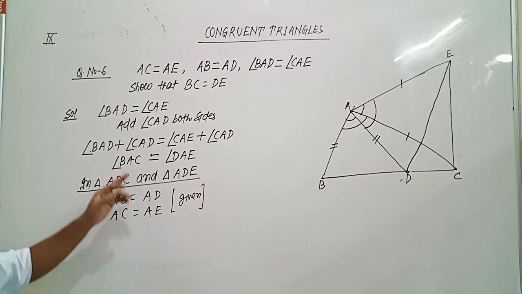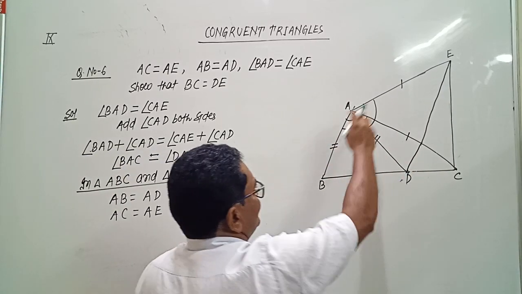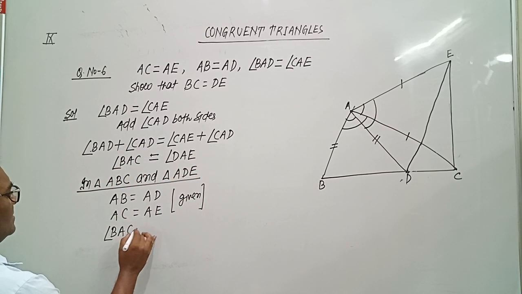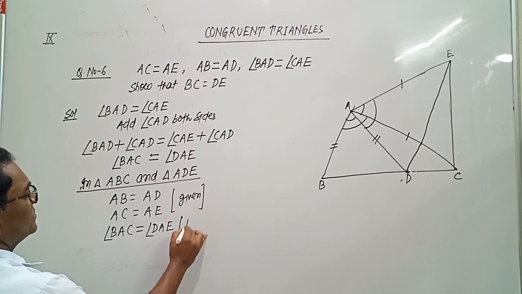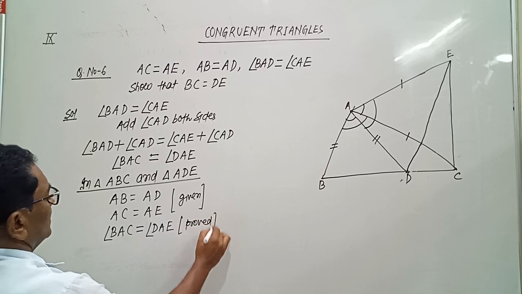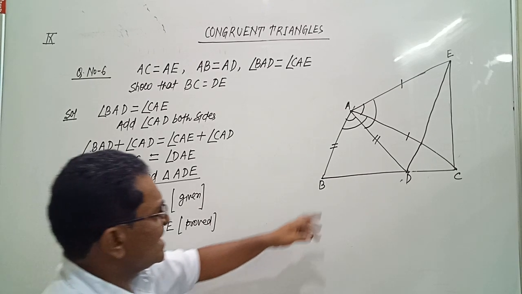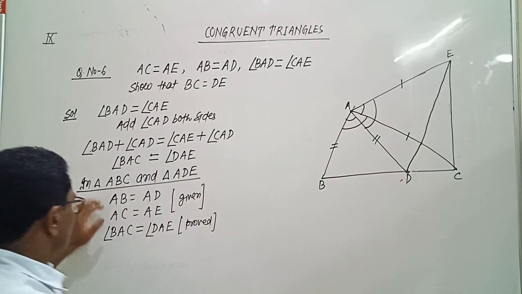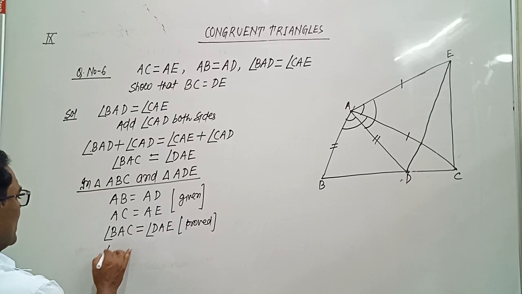And we have just proved angle BAC equals angle DAE. So by side angle side, SAS, these two triangles become congruent.